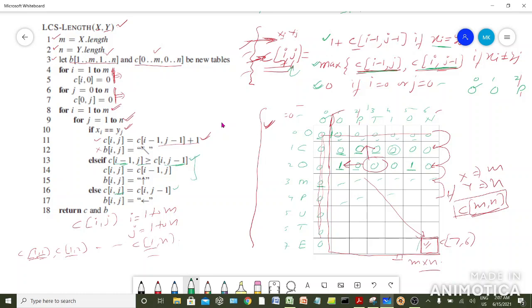Fine. And the final entry, which is equal to c of m, n, is going to be generated. Done. Which represents the LCS of x and y. It is giving the length, to be very exact. It is generating only the length for this.